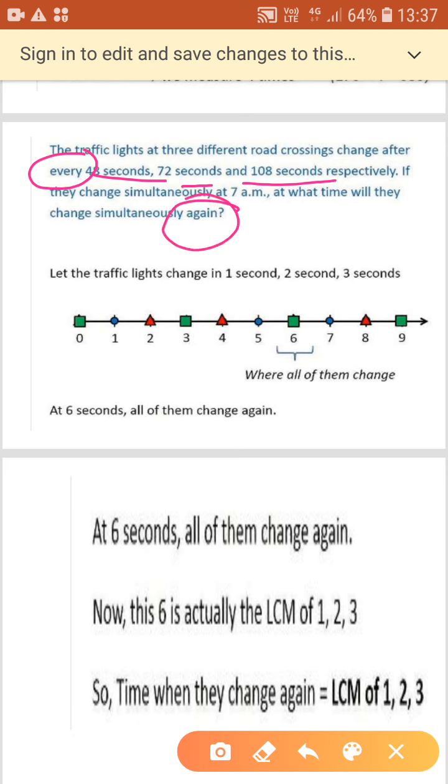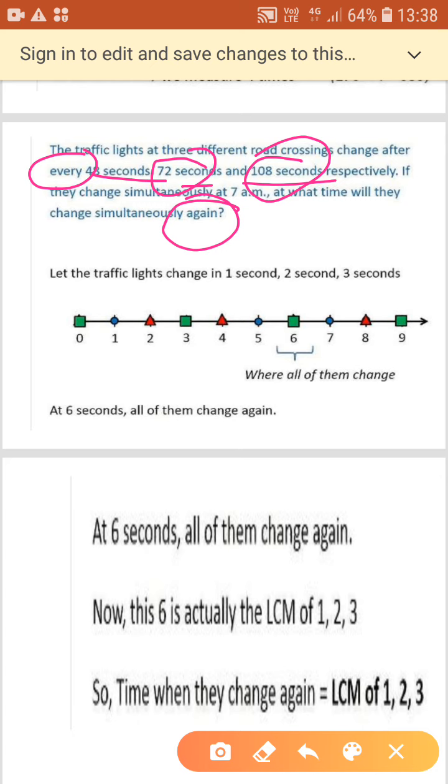So naturally when the first traffic light changes after 48 seconds, then it will change after the next 48, that is 48 plus 48, 96 seconds, and the second traffic light will change after 72 plus 72, that is 144. Similarly the third light will change after 108 plus 108 seconds.